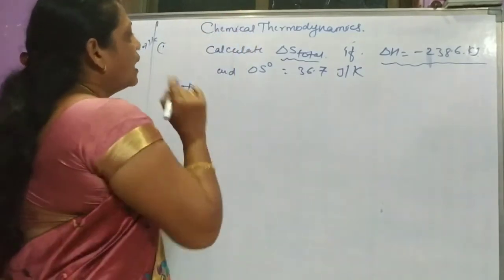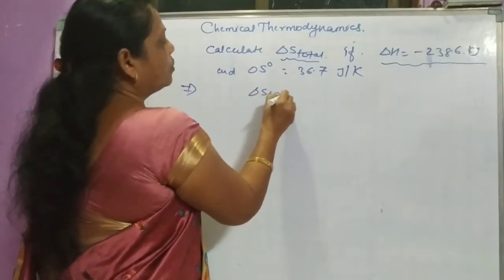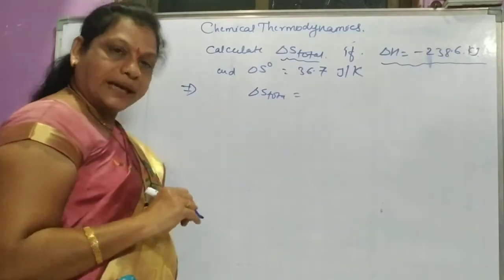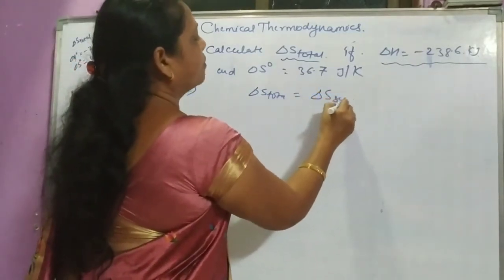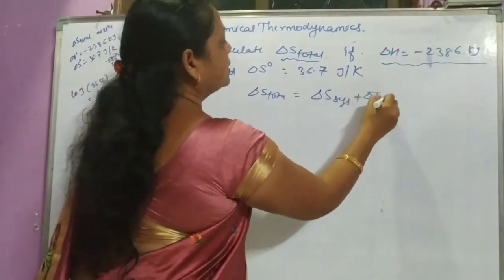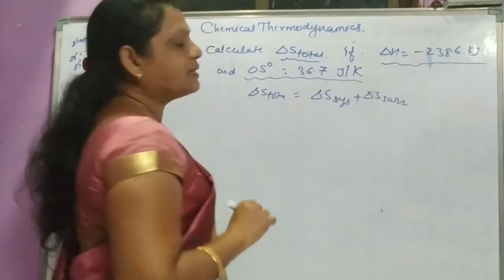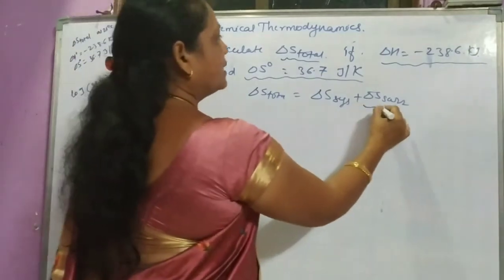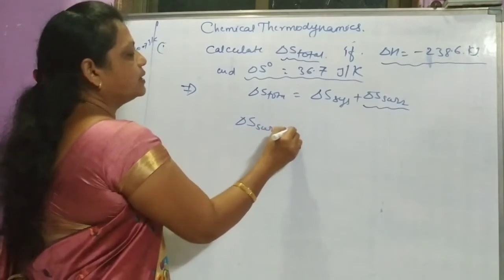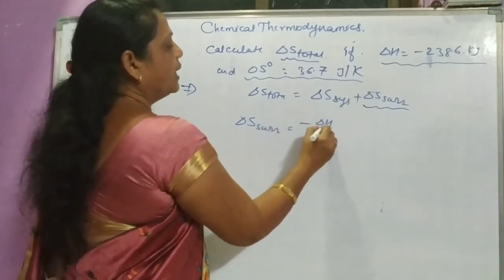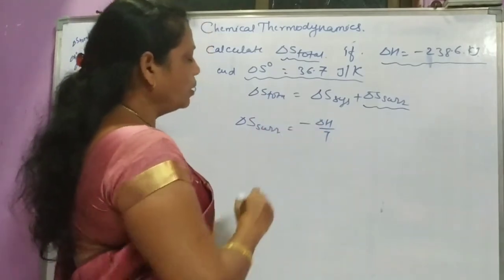Now del S total is equal to, according to the second law of thermodynamics, del S system plus del S surrounding. In this, del S system is given, but del S surrounding is equal to minus del H upon T according to the rule.